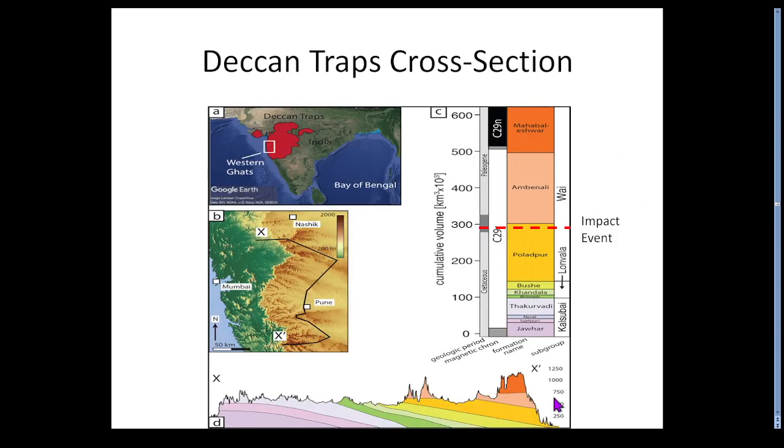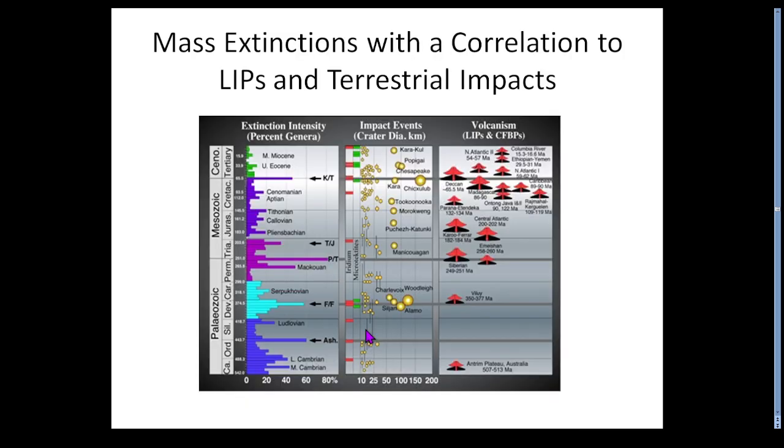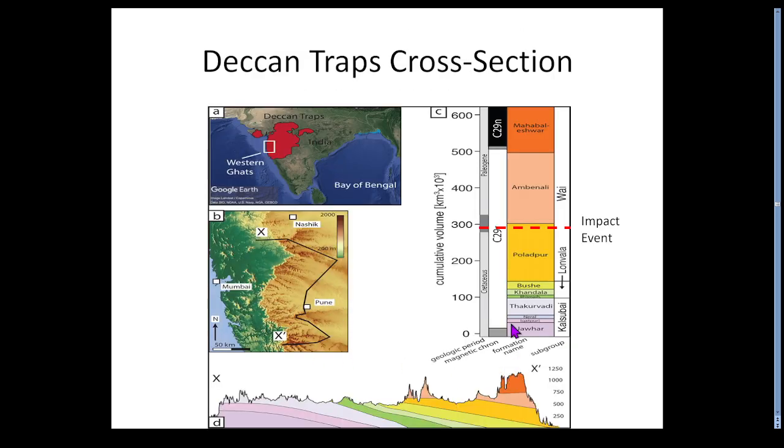So, this is the traps cross-section, the location. This is sort of a cross-section of what we're looking at. And you can see that you had sort of small-scale eruptions, and then you ended up making about half, a little less than half, of the amount of traps.